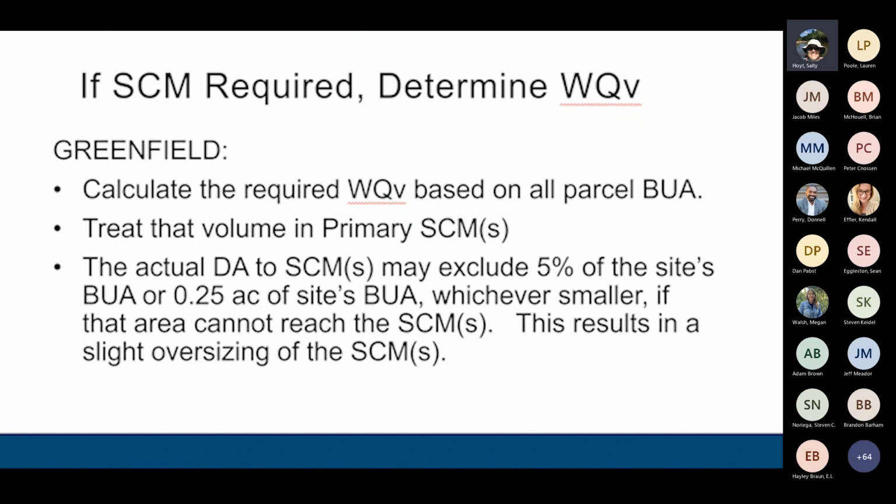And that actual drainage area to your SCM can exclude at most 0.25 acres of the site's BUA, or exclude 5%, so include 95% or more. Basically a recognition that there might be some small amounts that can't be captured in the drainage area to the SCM, maybe the driveway that drains out to the right of way or something like that.